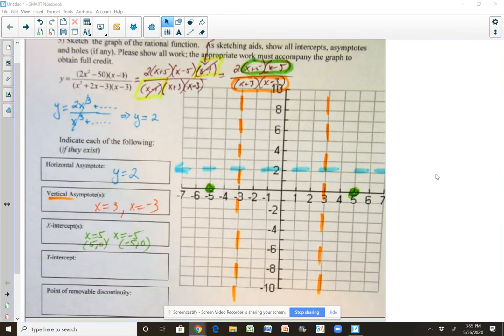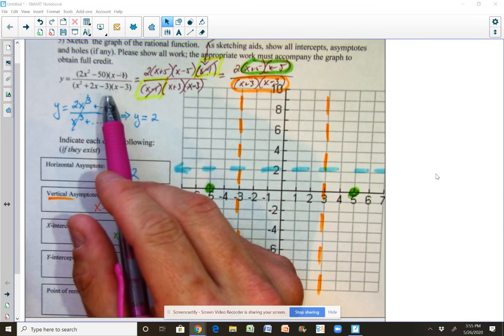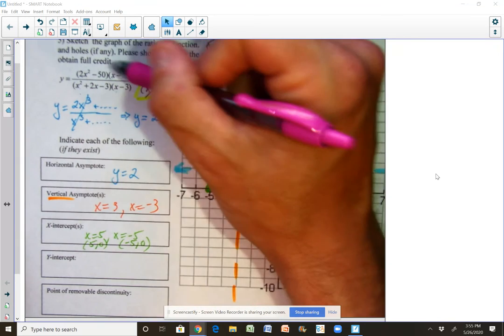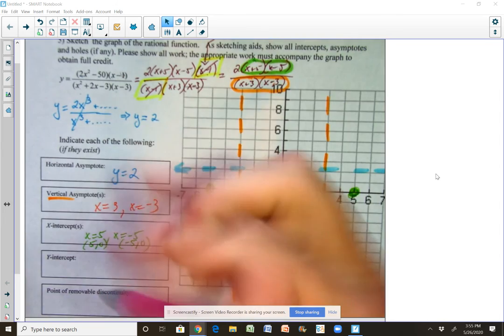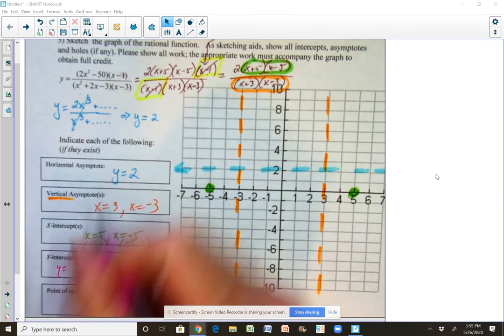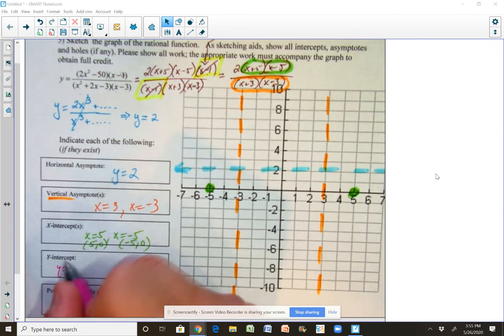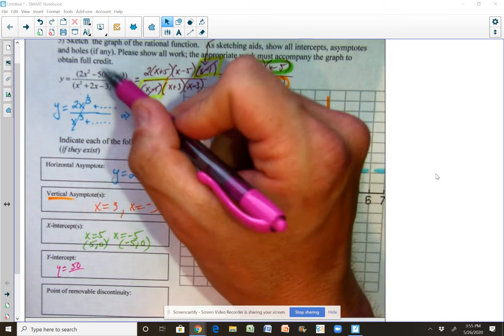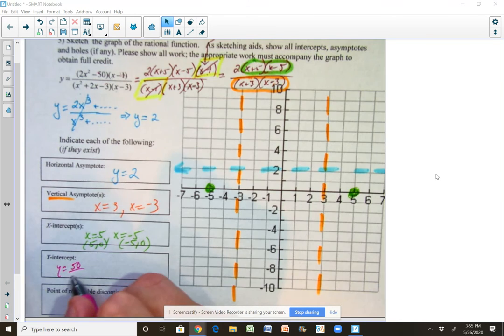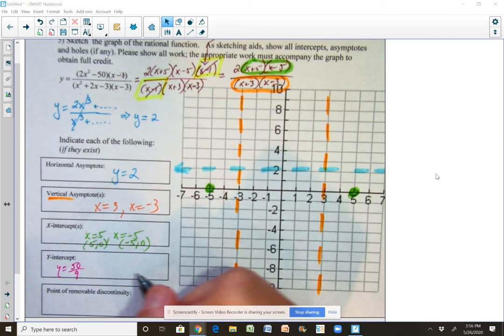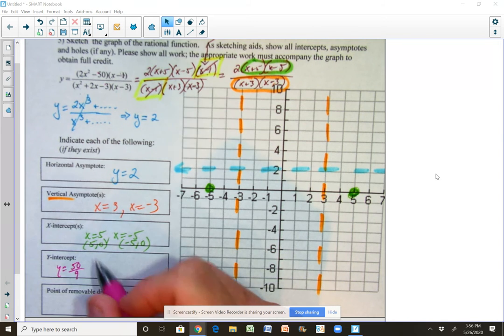We have the y-intercept. All right, so to get the y-intercept, standard form usually helps a lot. In this case, we don't have it in standard form really, but we do know that the constant times the constant. So in this case, y would equal negative 50 times negative 1. That's positive 50 over negative 3 times negative 3. That's positive 9. So 50 over 9 is approximately the y-intercept.